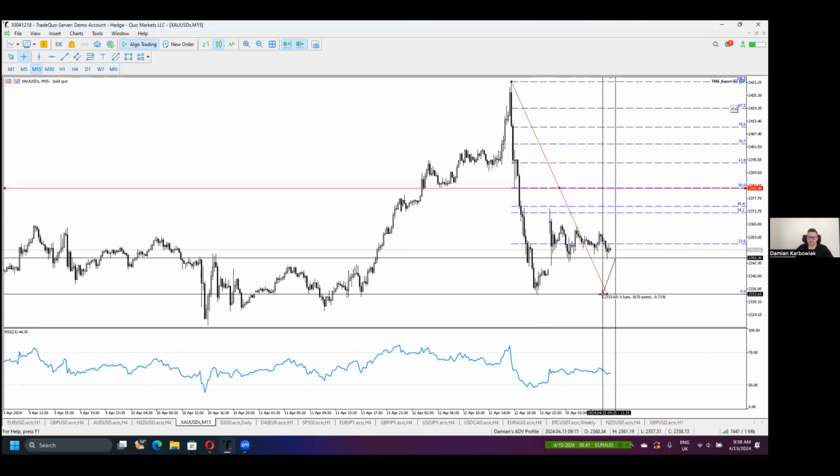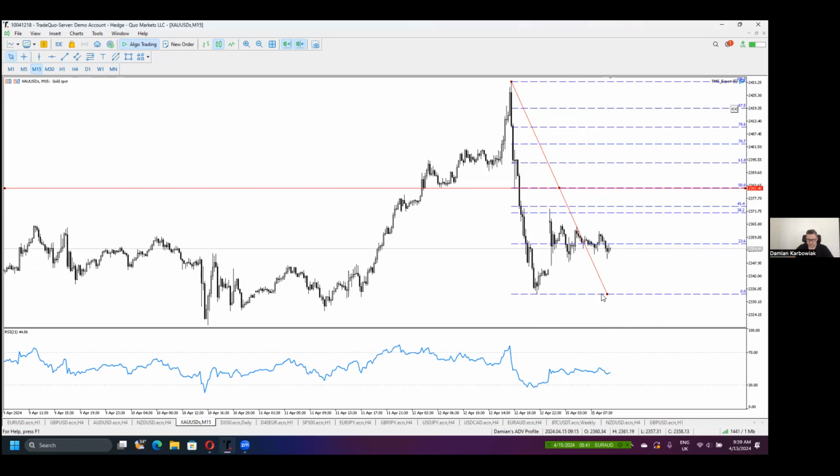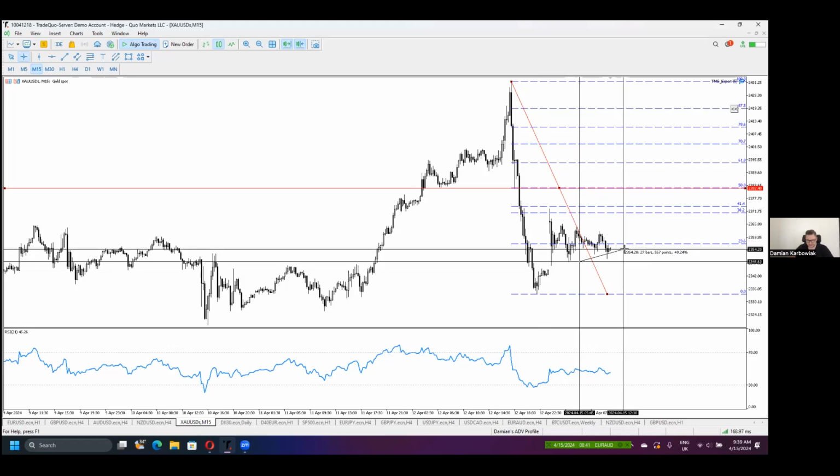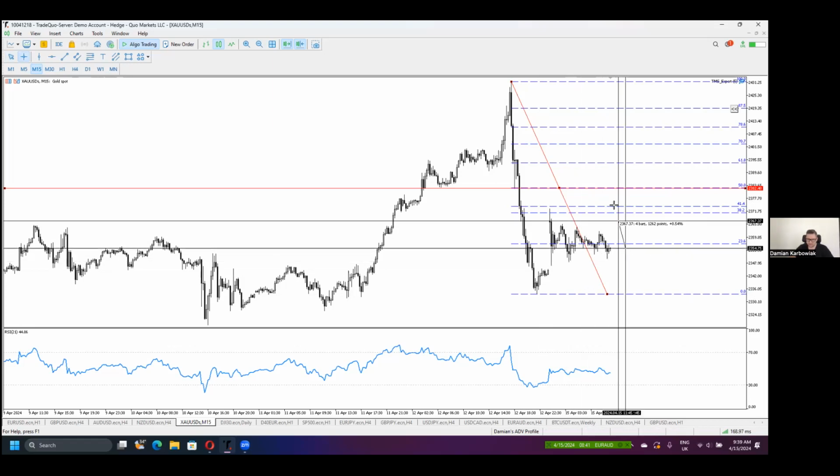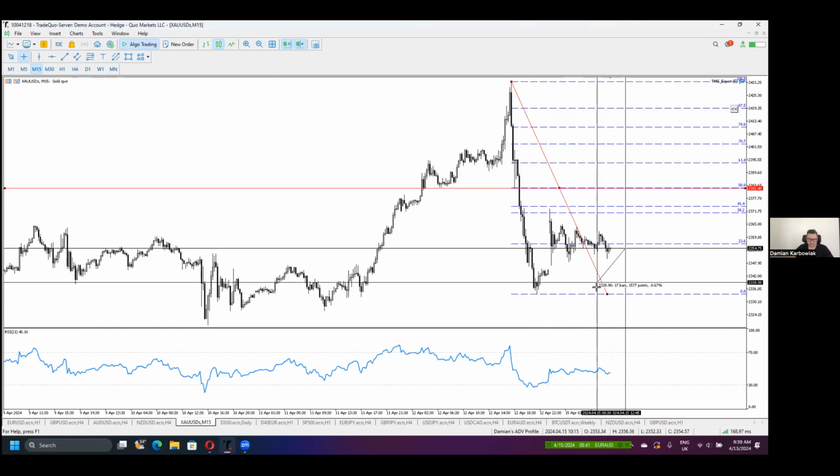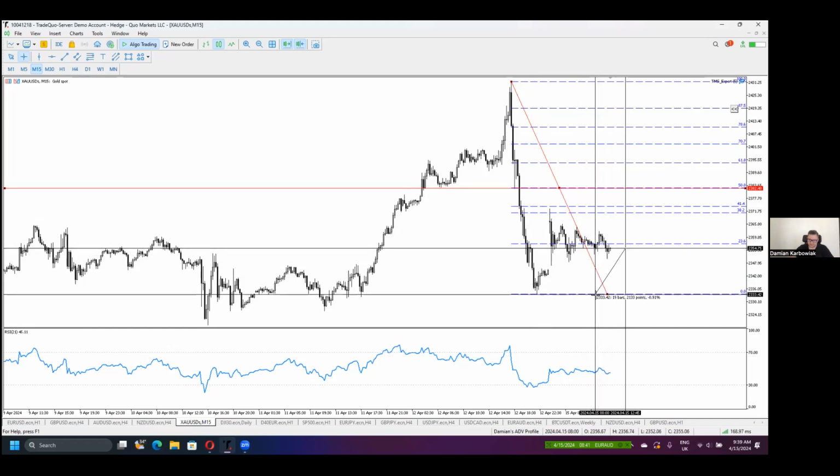However, there are 160 points to the bottom. So it doesn't make sense to look for buy right now, because you can secure yourself just below the candle formation or below this bottom from the left side. So it's just in the middle of the whole movement. To the 50% is 200 something, to the bottom is 200 something.